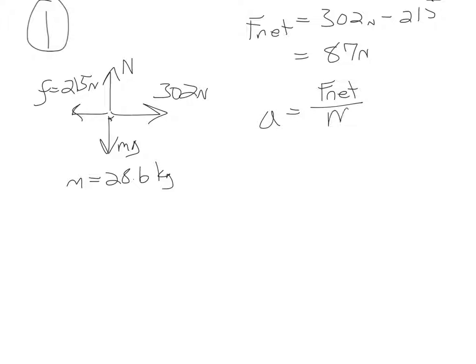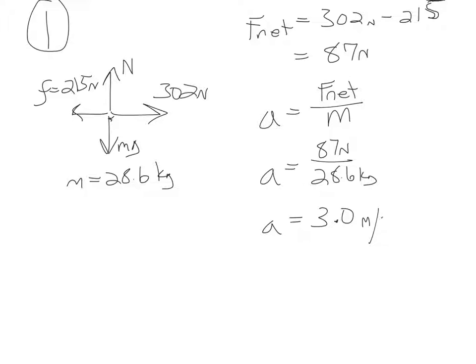So net force divided by the mass. So that's 87 newtons divided by 28.6 kilograms. My acceleration is 3.04. We're on that 3.0. I'll see the tenths for this round. Meters per second per second.